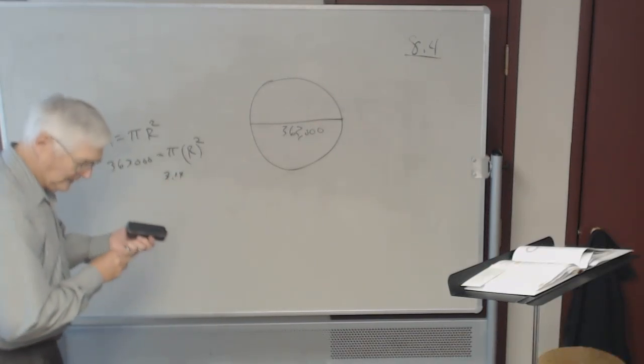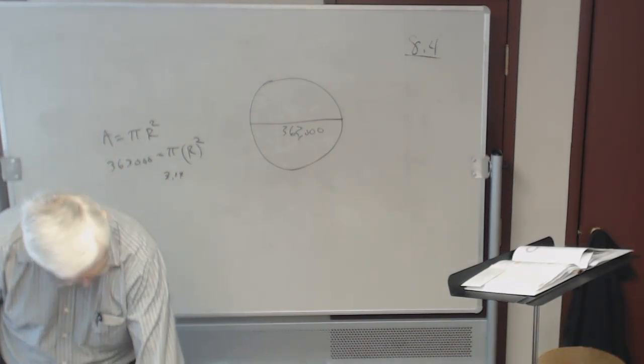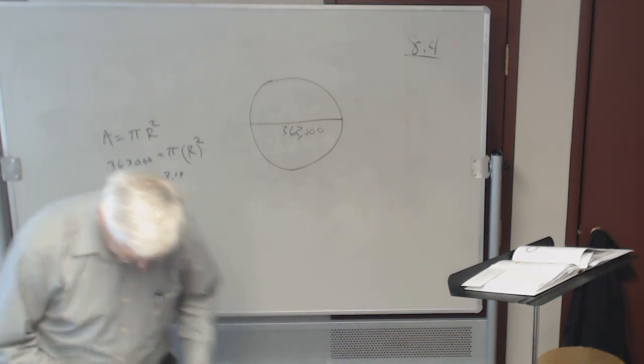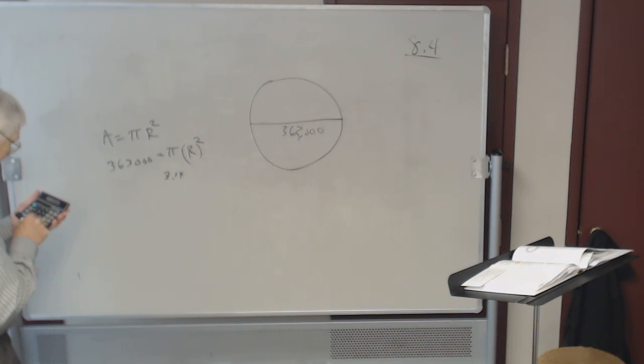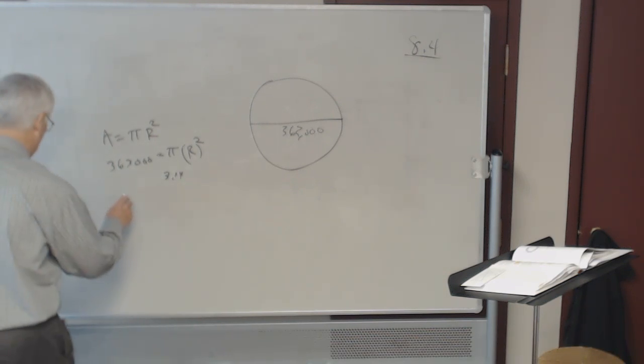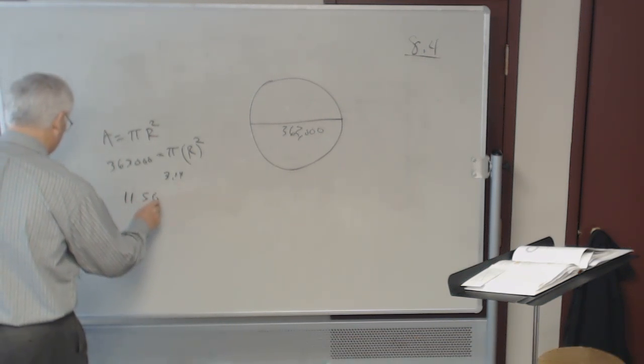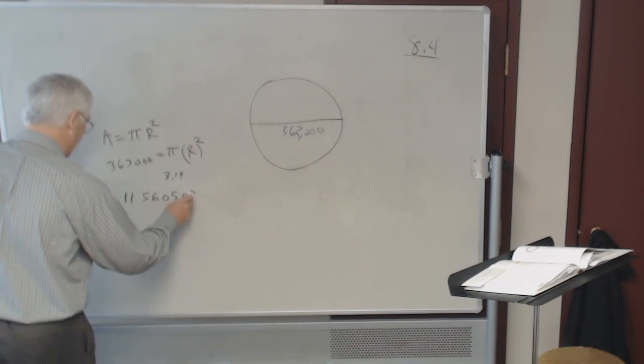3.14. So I divide 363,000 by 3.14, and I get 115,605.09.